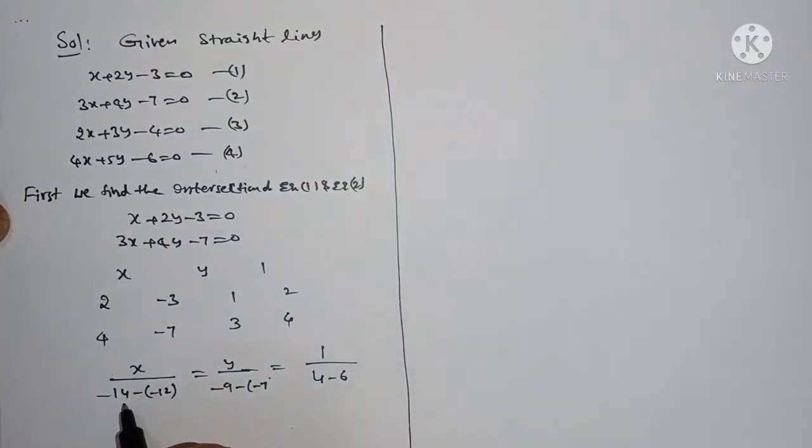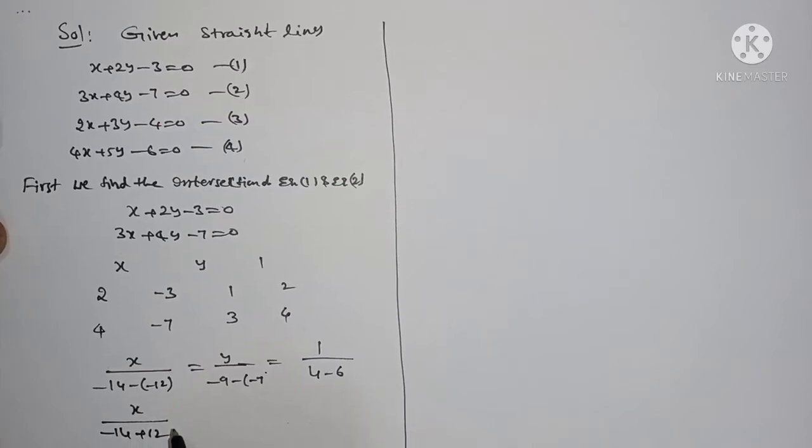What do you get here? x by minus 14 plus 12, y by minus 9 plus 7, 1 by minus 2.